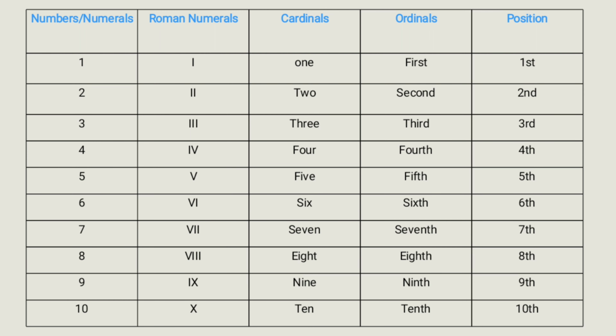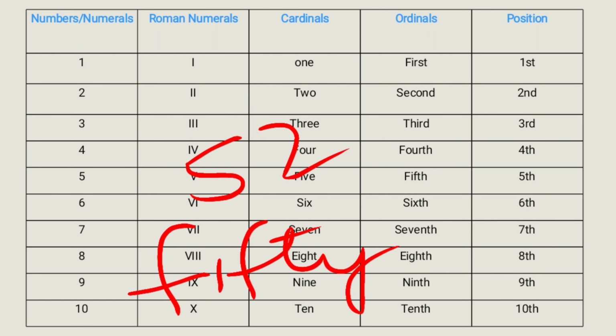For example, there are 52 students in my class, so 52 students means we are not supposed to write like this, 52, we have to write fifty-two students in my class. Okay, so this thing you have to keep in mind. We don't write numerals over here, we have to use cardinals. Okay, cardinals over here.